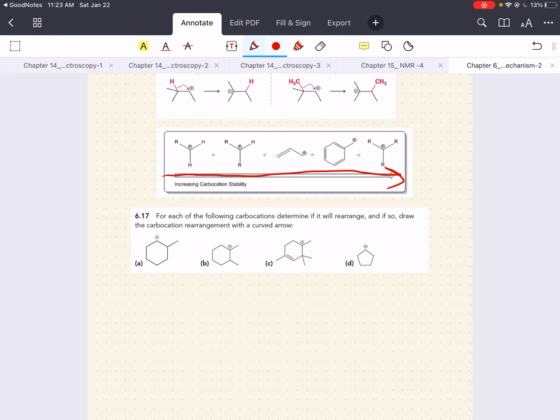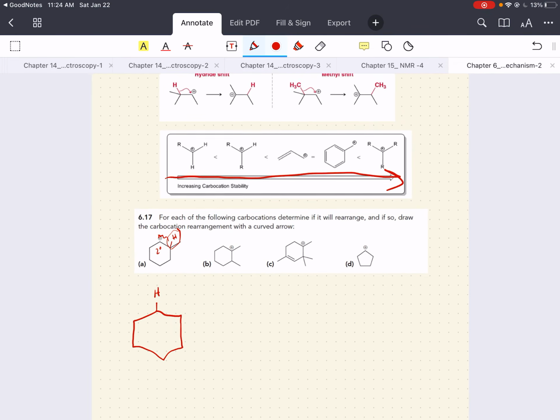So let's look at A. A has a secondary carbocation. Can we move a methyl group or a hydrogen nearby to form a more stable carbocation? The answer is yes. There is a hydrogen right here, and we can perform a hydride shift. When we move the hydrogen over, we'll have the hydrogen right there.